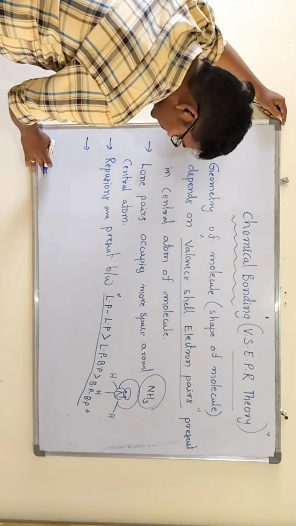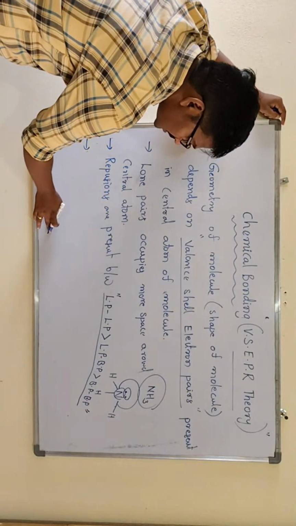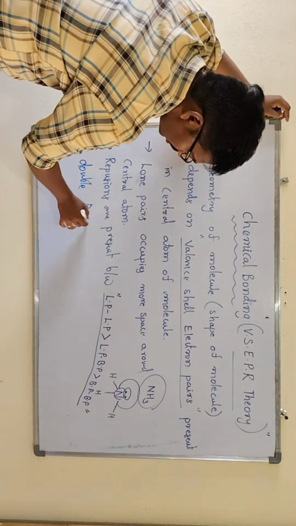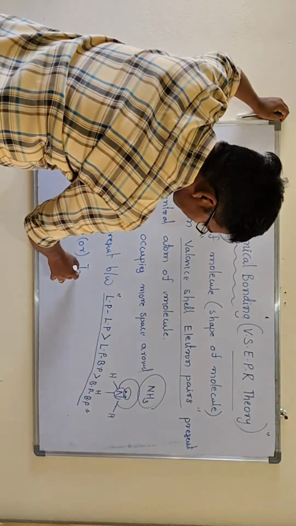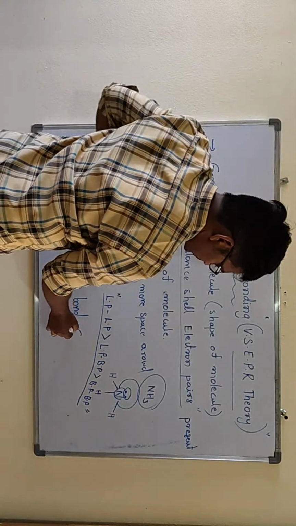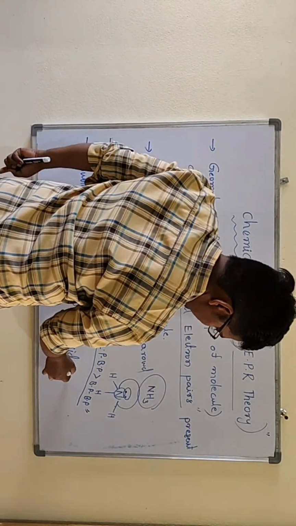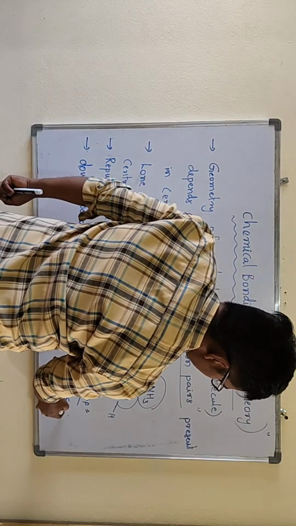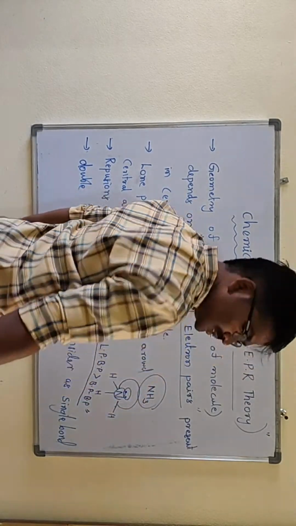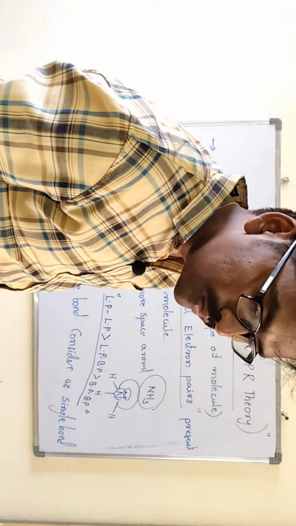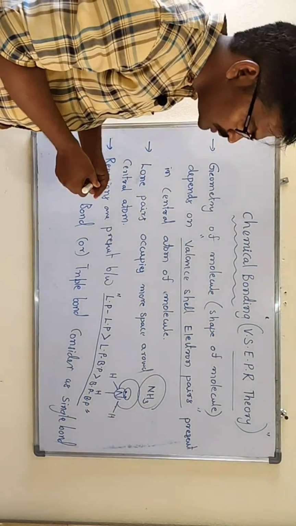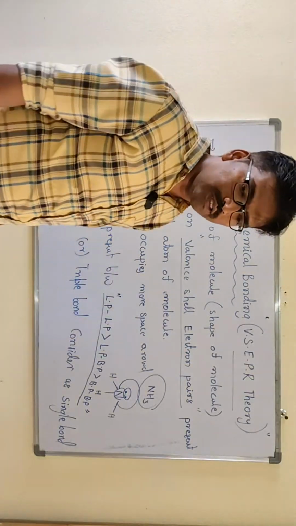So next, a double bond or triple bond is considered as a single bond. Double bond or triple bond, consider as single bond, right? So whatever the molecules are there in the valence shell electron pair repulsion theory, that we have to discuss.